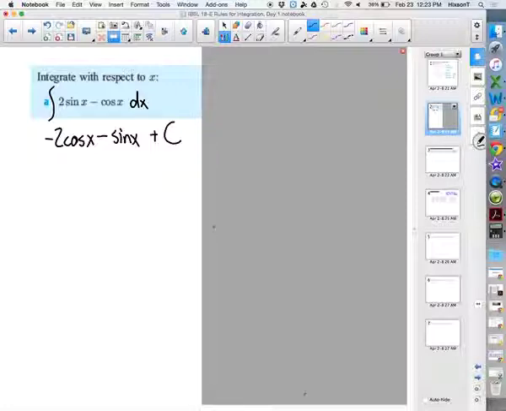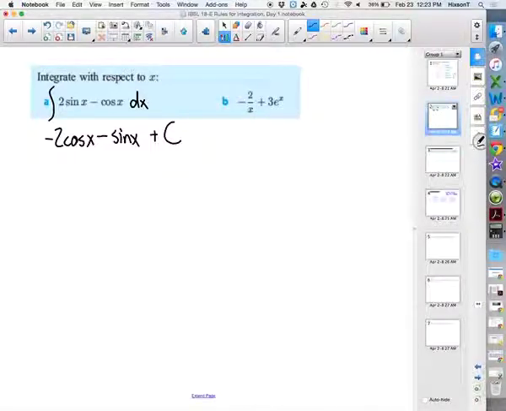Any questions about this one though? You got the idea? Let's try this one here, okay? We have the integral of negative 2 over x plus 3 e to the x dx. There's a bit to work through here. There's going to be an ln.